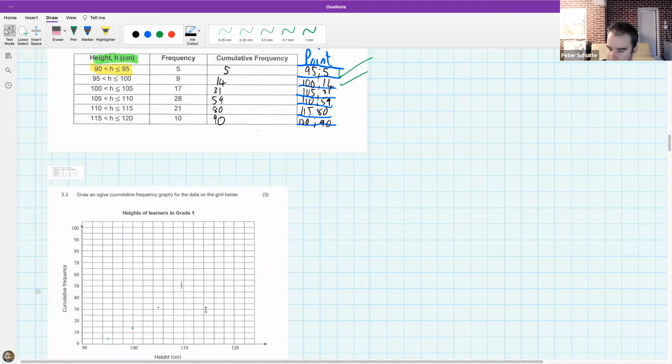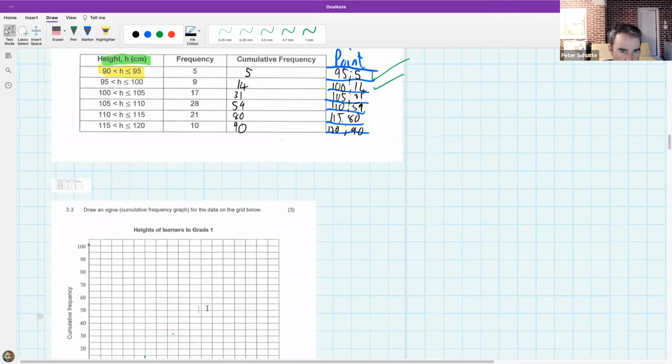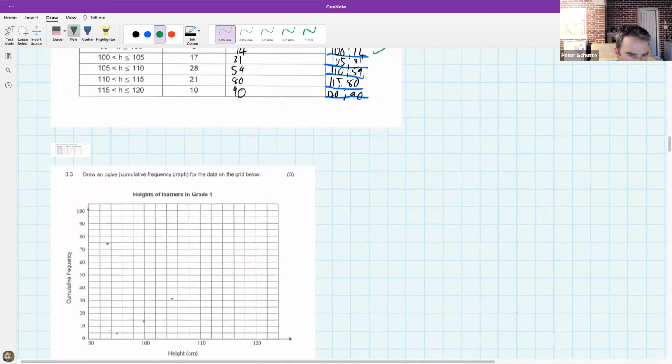Let me zoom in a little bit. And 115, 80. Should be there. And then 120, 90. Should be there. So, it's a bit thicker.